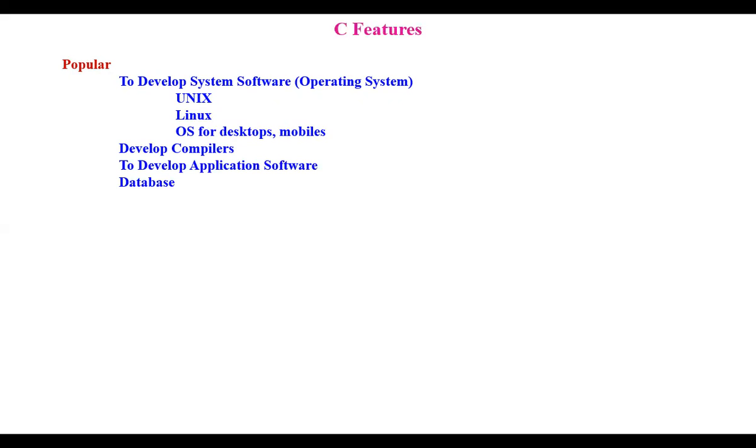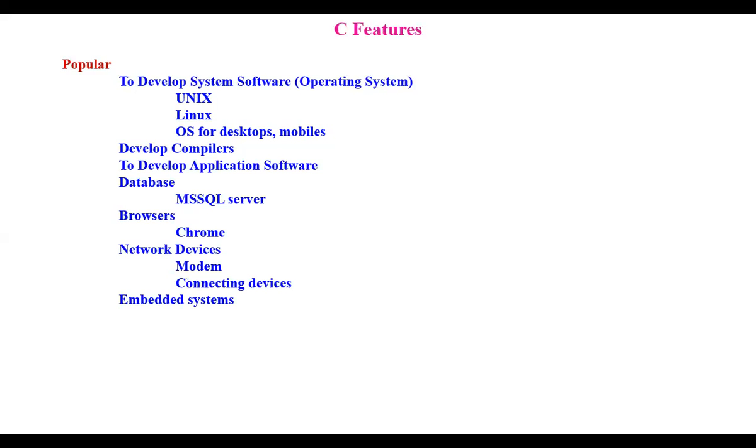Databases can be developed using this; MS SQL Server is developed using it. Browsers too, Chrome is one which is developed using C. Network devices such as modems, all these connecting devices are programmed with the help of the C language.